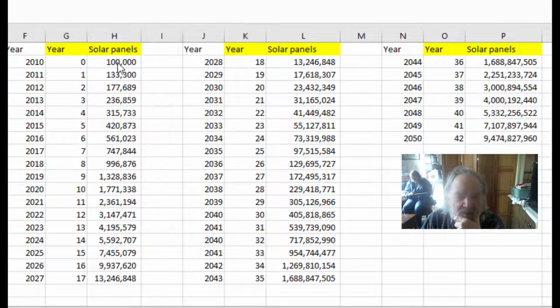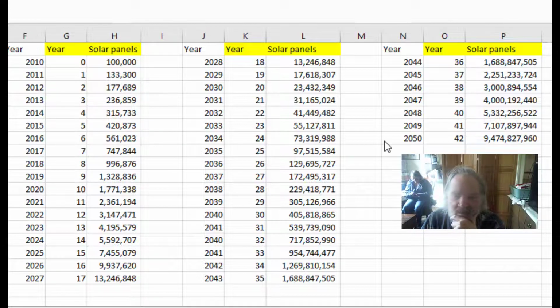So here's a hypothetical starting in 2010, which you're going to call year zero. This is hypothetical; there were certainly a whole lot more than 100,000 solar panels in 2010, but just as an example, I increased it each year by 33% from the previous year.